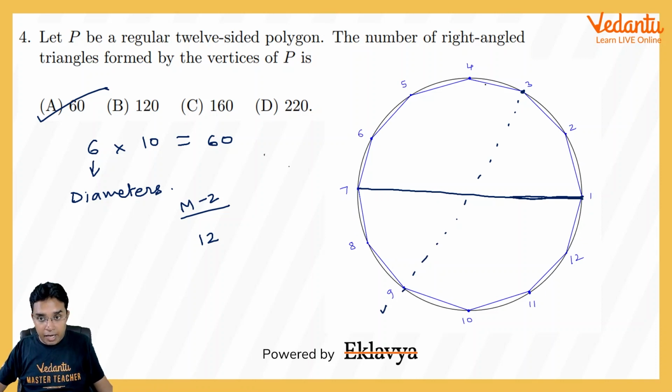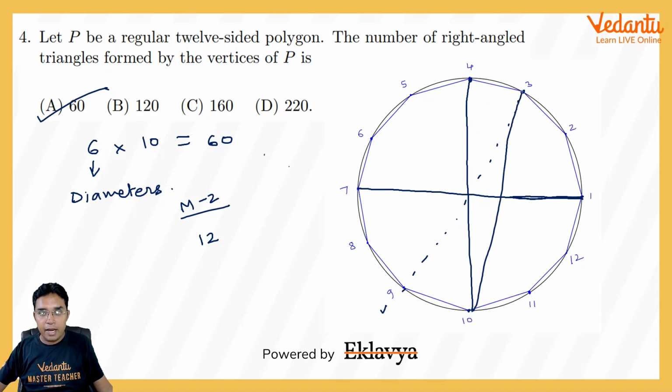But I have to choose such that if I am choosing 4, then along with 4 I have to choose 10, so that they are a diameter and they will be able to form 90 degree at 3. So this is how this 90 degree angle will be. It could be this way also, that you choose 6 and 12, they are also diametrically opposite, then 6 and 12 will be forming angle 90 degree at 3.